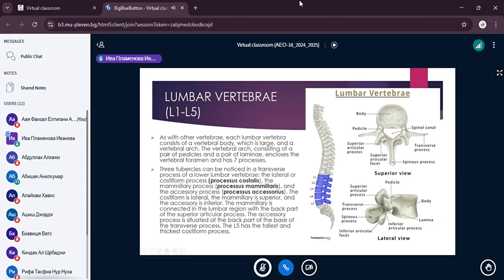What we can see also here, the inferior vertebral notch, the superior vertebral notch, superior articular process, transverse process, spinous process, and inferior articular process. And of course, all of them have articular surfaces.